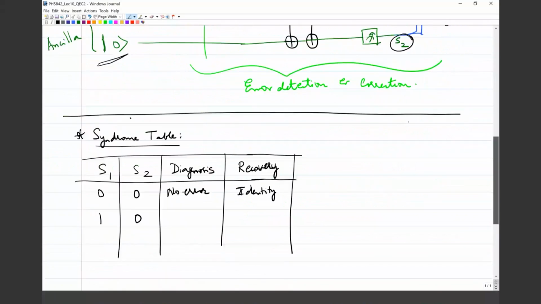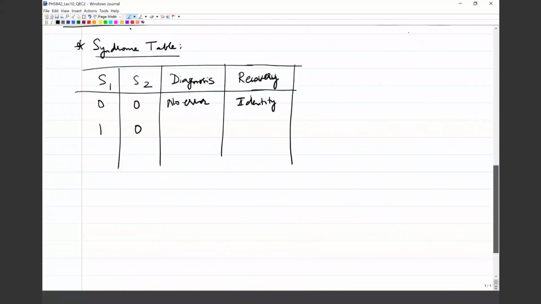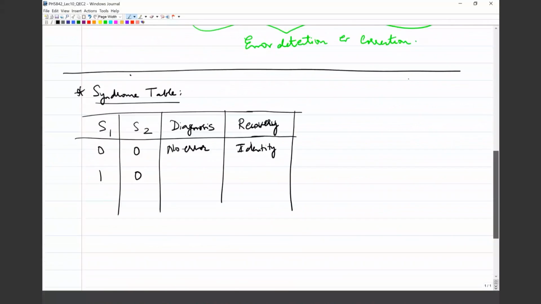And the second ancilla is 0, which means that nothing has flipped as far as the second two qubits are concerned. So this is then a bit flip error on the first encoded qubit. And this requires a single qubit X gate on the first encoded qubit. That's the recovery operation. That's what you need to fix the error.